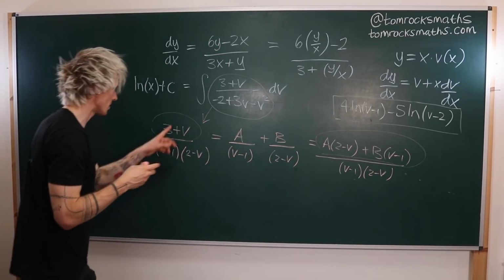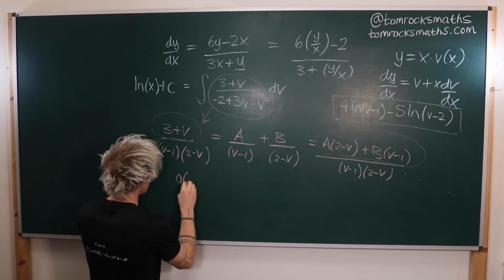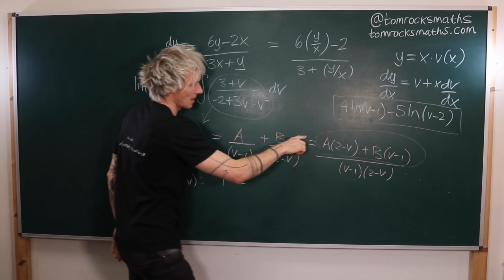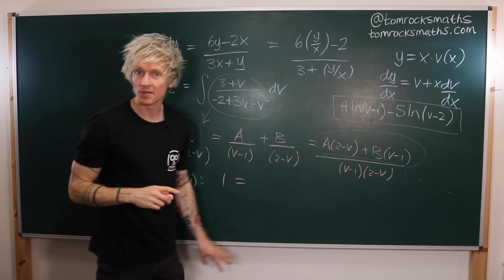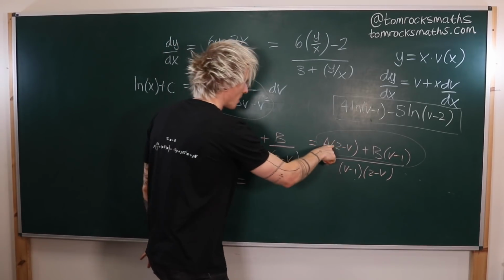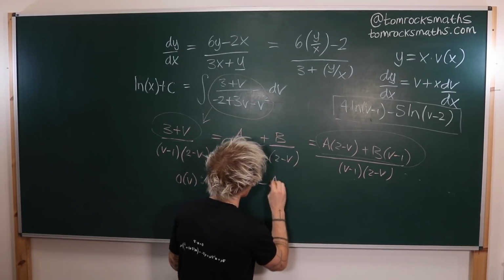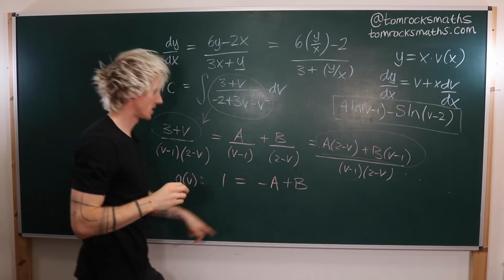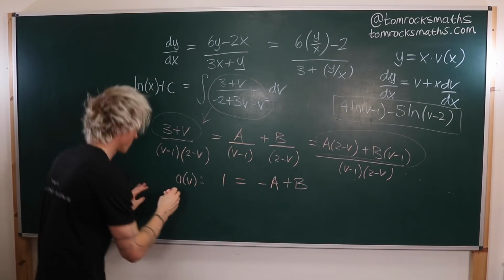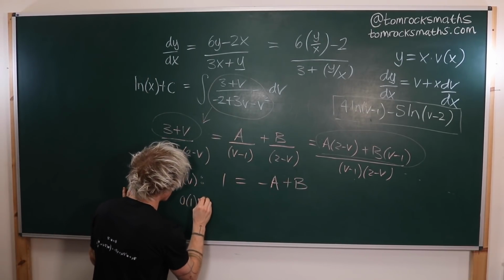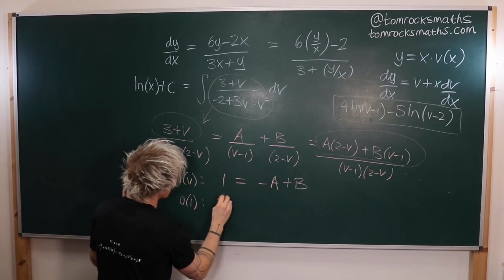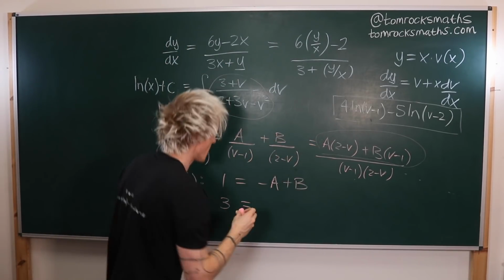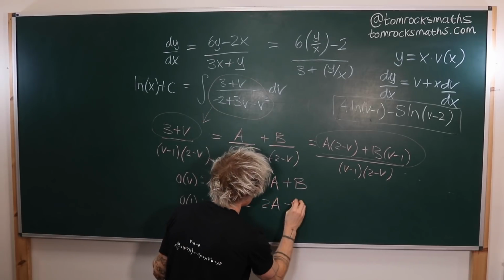So if we look at the v terms, the left-hand side gives us a 1. And then the terms involving v over this side, we've got a minus Av, so that's minus A, and then we've got a plus B. So that's our first simultaneous equation. And then if we look at the order 1, or the constant terms, this side tells us 3 must be equal to 2A minus B.